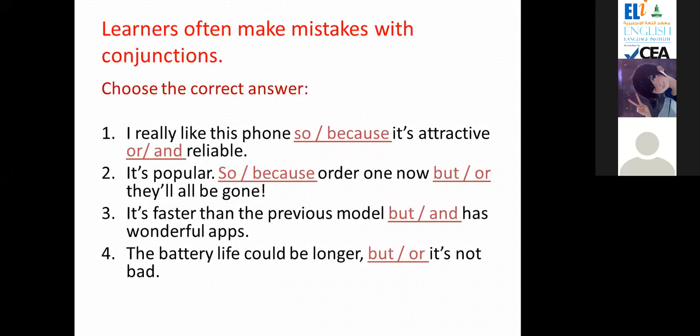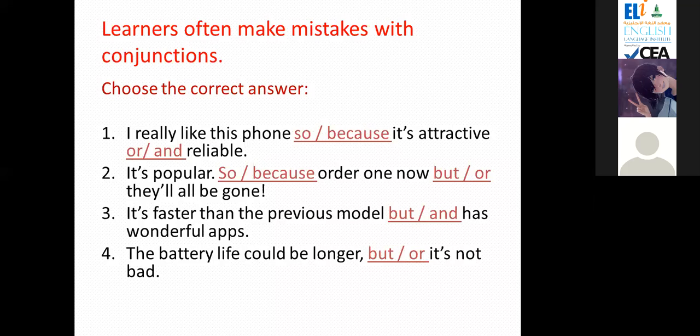Let's move to the other one, I think the last part of the grammar, which is conjunctions. What do I mean by conjunctions? Okay, great. These are words that join parts of a sentence together.